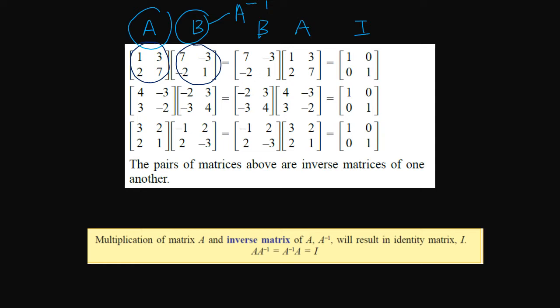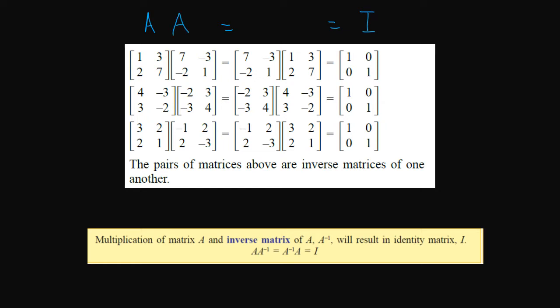Actually, you can write it like this. If this is A, when you multiply it with the inverse of the matrix, you get the identity matrix, or vice versa. The inverse of the matrix, when you multiply with the original matrix, you'll get the identity matrix.